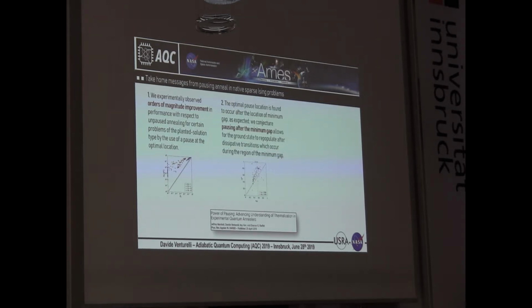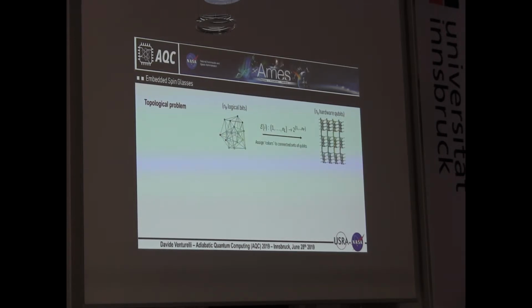And for disordered problems, it seems that you're always wanting to pause after the minimum gap, and that the distribution of output, if you pause at the right location, or the best possible location, is fitting a Boltzmann distribution of the classical problem that you're studying.